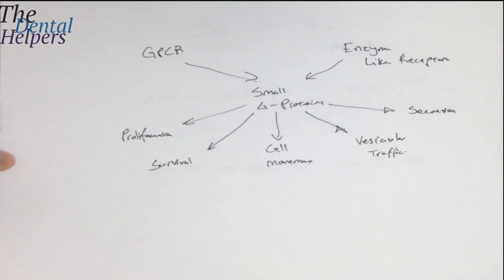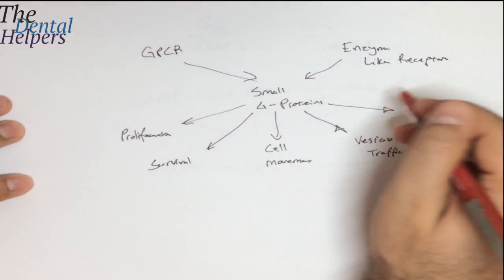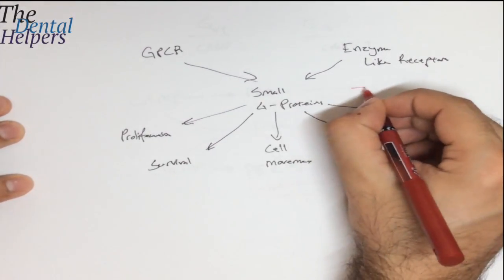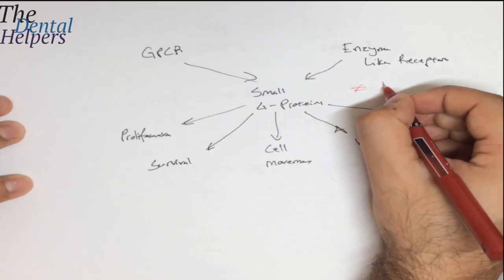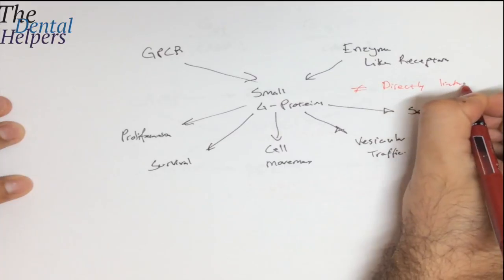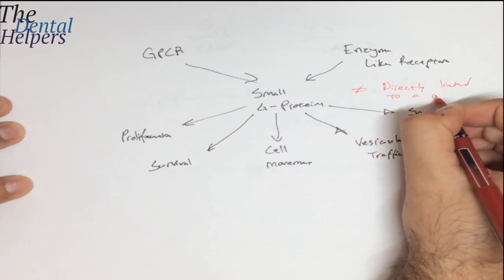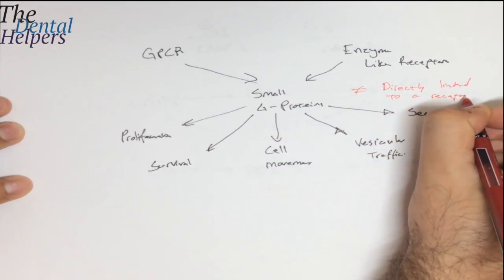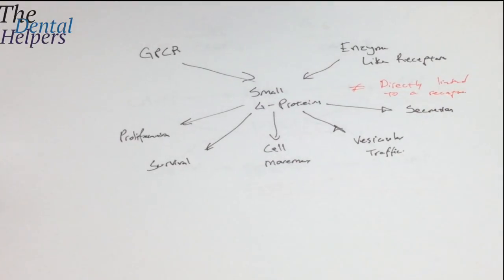The thing that is important about the small G proteins is they're not directly linked to a receptor. And same as before, the GTP is the active state, GDP is the inactive state. The small G proteins are monomeric, and they're going to be involved with Ras and Rho.